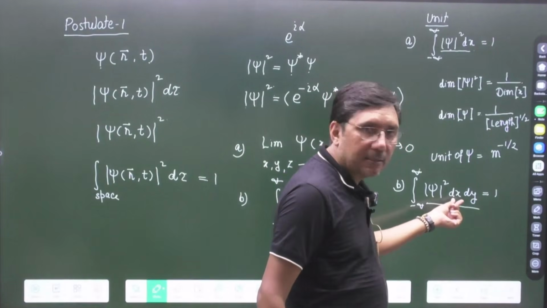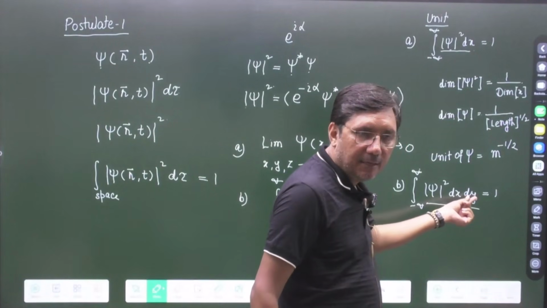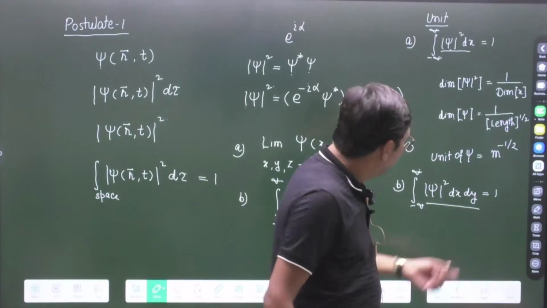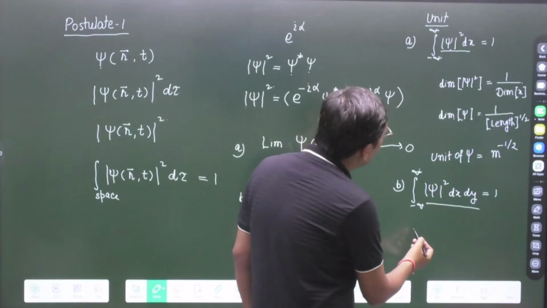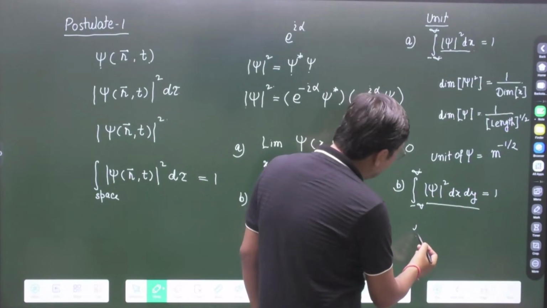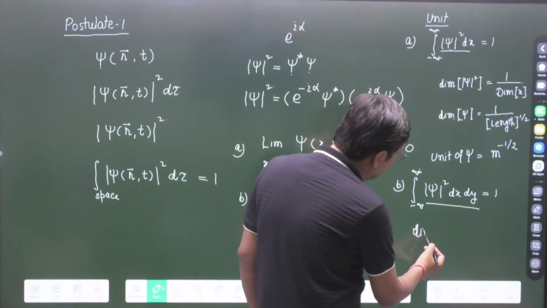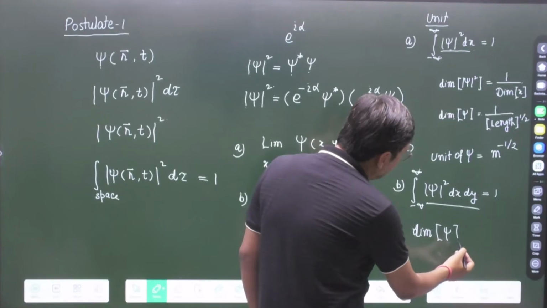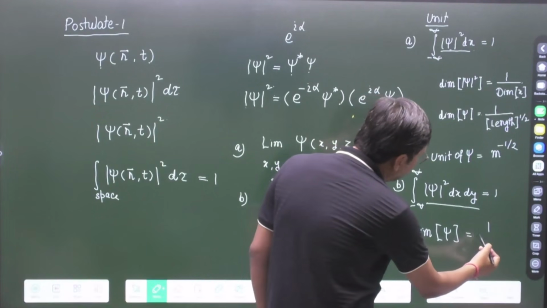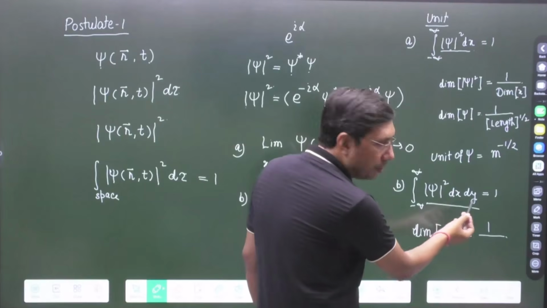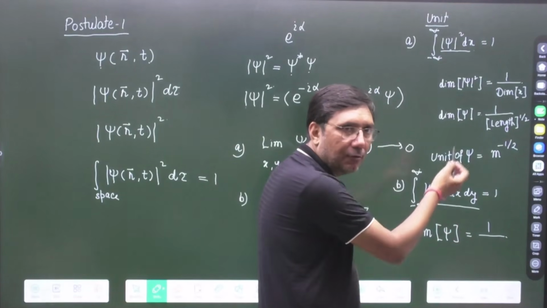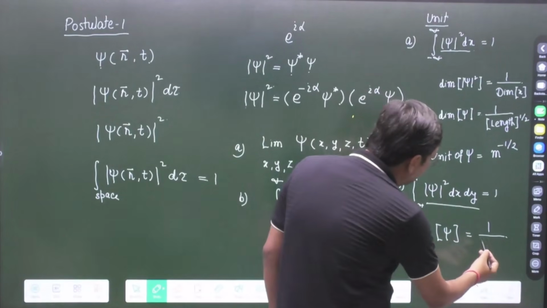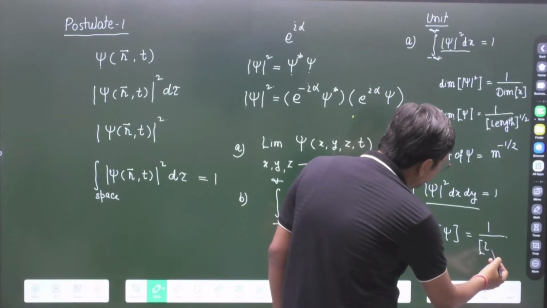The dimension of dx dy corresponds to length square. So what will be the dimension of psi here in this case? It will be 1 upon length, since psi square is 1 upon length square, and you take the square root of this. This will be 1 by length.